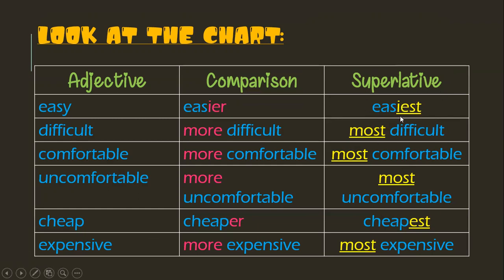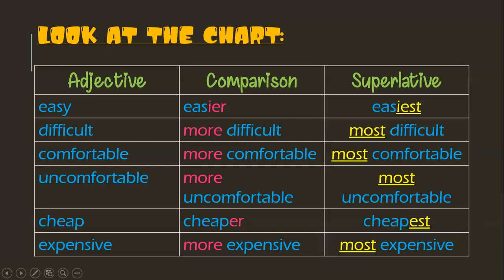We add the I-E-S-T to the adjective because easy has only 2 syllables. Only 2. What about cheap? Cheap is only 1 syllable. Cheap, cheapest. That's why we add the EST.